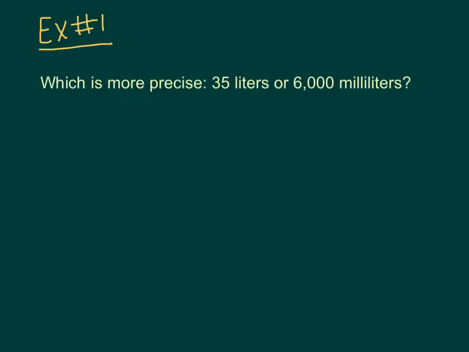Example number 1: which is more precise, 35 liters or 6,000 milliliters? What we really need to focus on is the unit of measure. So we're comparing liters to milliliters. When we talk about something being precise, the smaller it is, the more precise it is.